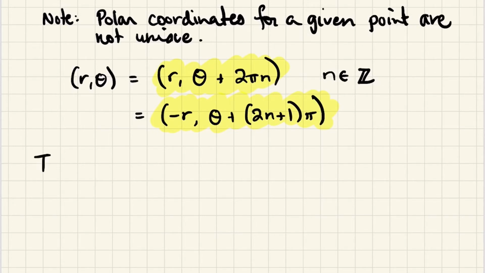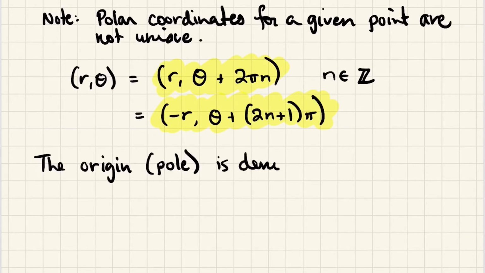Now the origin, which in polar coordinates is often called a pole, is simply when r is equal to 0. However, the angle at the pole can be anything, right? Because it's like saying, well, how do you get to the origin?